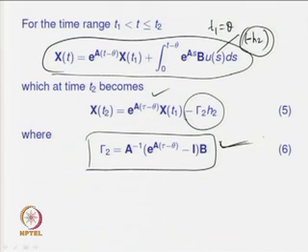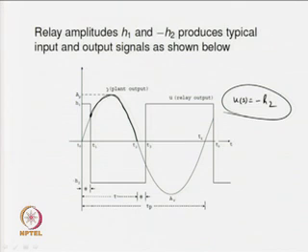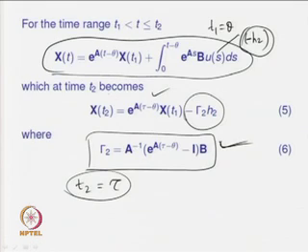Now, what is τ? At time t2, that span is starting from t equal to 0 to τ. So, let me show you the output waveform once more. This τ is starting from time t equal to the first zero crossing t0 to t2. So, this t2 is nothing but τ, t2 is equal to τ. So, when you substitute t equal to t2, then we get the variable τ in the expression.